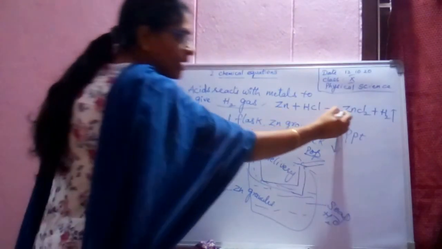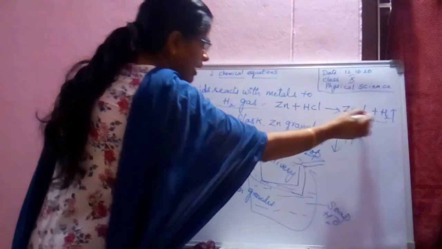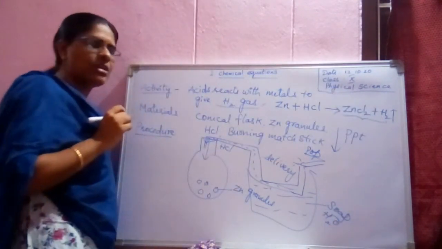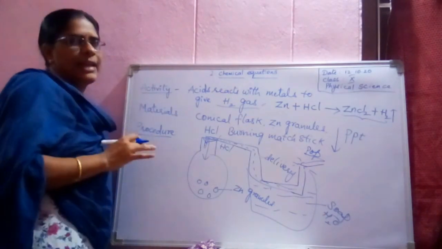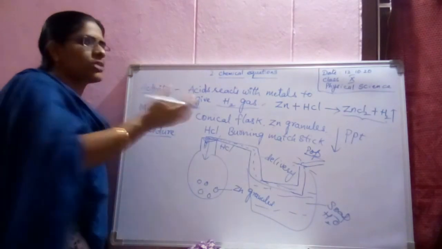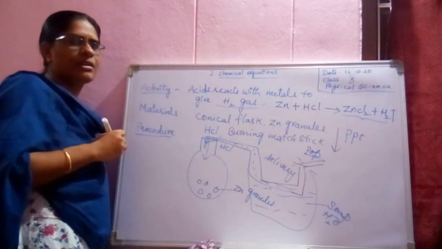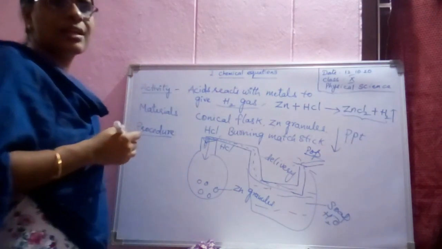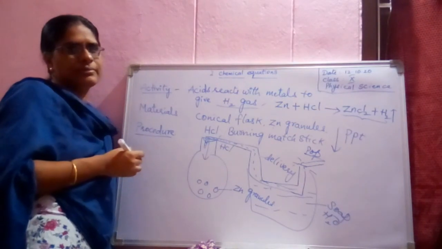I am getting new products called zinc chloride and hydrogen gas. This is a permanent reaction. Again, by taking zinc chloride and hydrogen gas, you can't get zinc granules and hydrochloric acid. Hence, this comes under a chemical change.